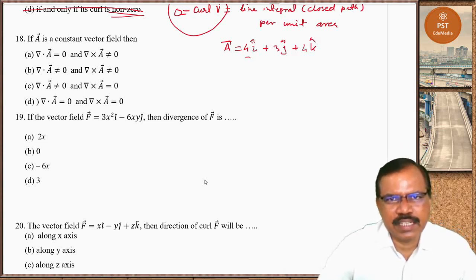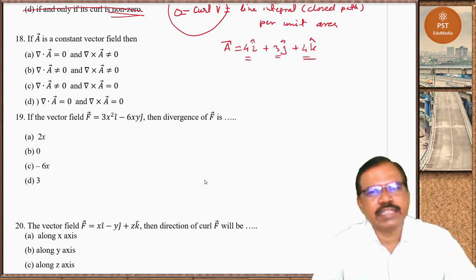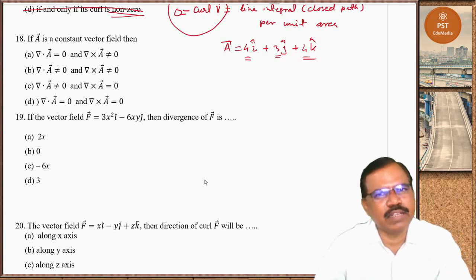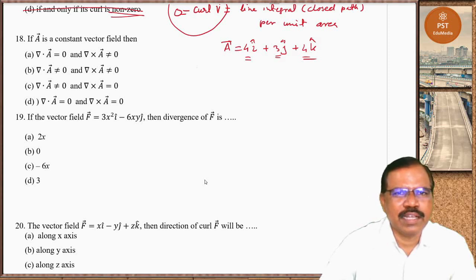What happens here is the x component is constant, the y component is constant, and the z component is constant. So Ax will have value 4 always for any value of x, y. The y component is 3. The z component is 4. So what is del dot A? 0. And what is del cross A?